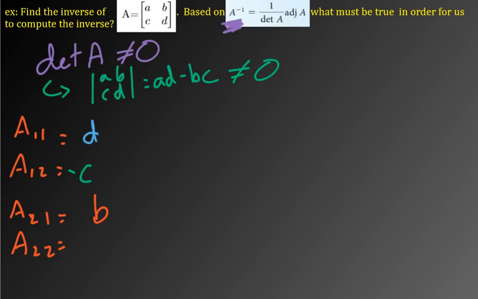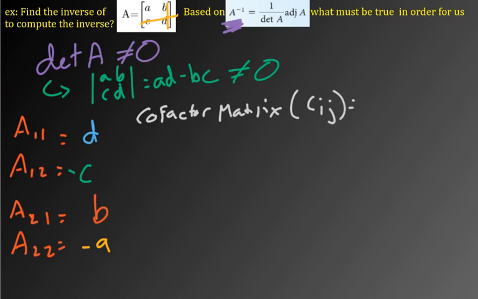And then you blank out that last one, and you get negative A. So my cofactor matrix, I'm going to call it Cij, equals that.